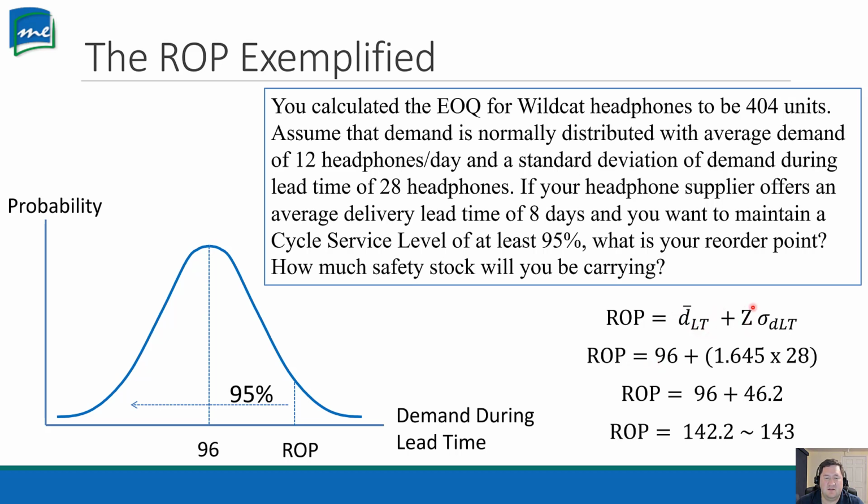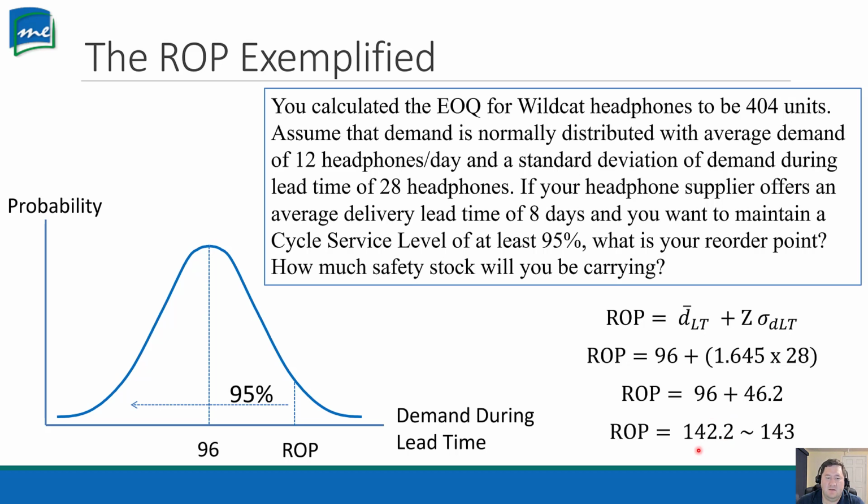Then we've got our Z score, which is our cycle service level Z score, which comes to 1.645. We multiply it by our standard deviation of demand during lead time, which is 28 headphones. When we do this, it comes to 46.2.